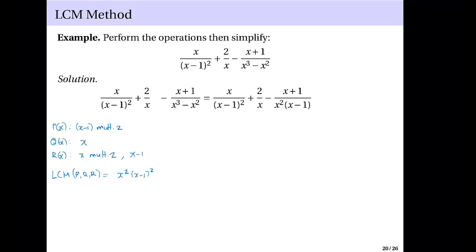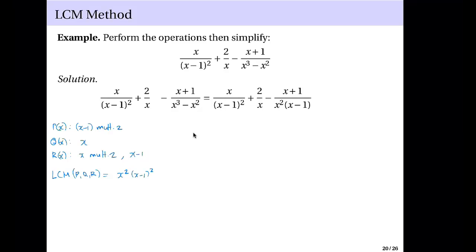So, what are we going to do with these expressions? We insert the missing factors to each of these expressions. You have (x minus 1) squared; for this, we are missing the x squared.